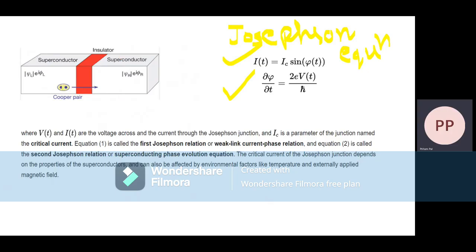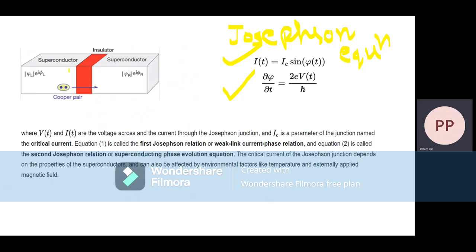You can describe the whole superconductor by a single phase, phi. This phi comes from the microscopic origin, but still you can define the whole superconductor by a single phase. That's the beauty of this Cooper pair formation. Only when we have a phase difference will we have the supercurrent; otherwise, if phi is zero, the supercurrent is zero.